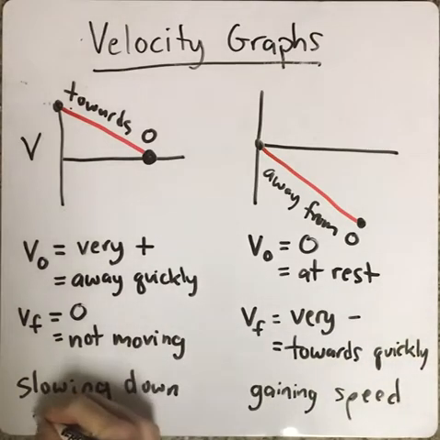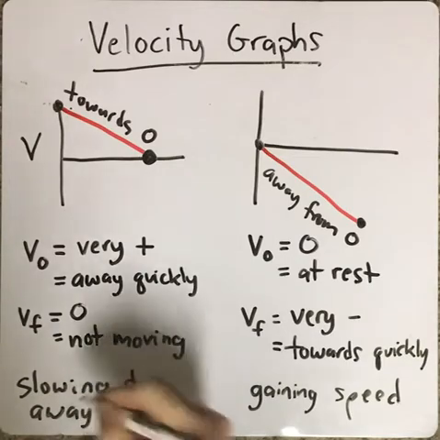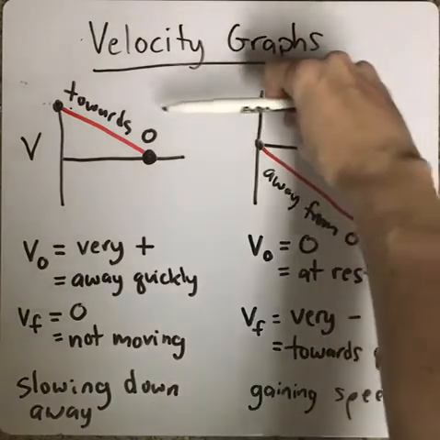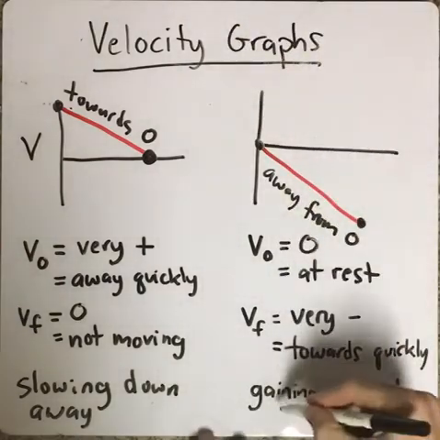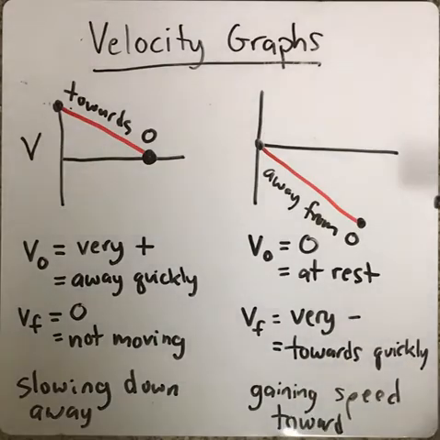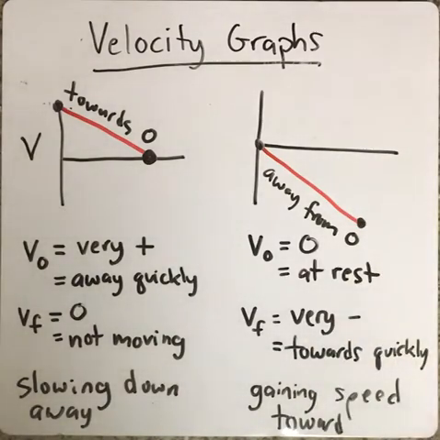The first graph was going away from the reference because it was in the top quadrant, and the second graph was going toward the reference because it's in the bottom quadrant.